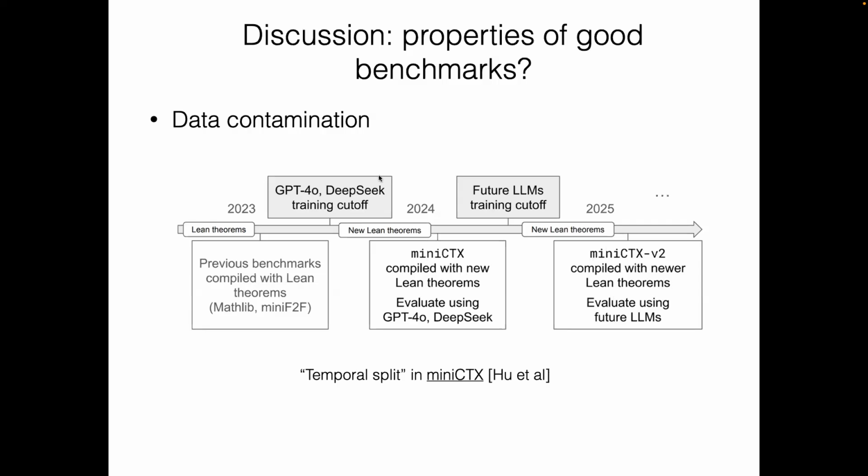One way to do this is, in some cases, you might be able to take data from after what's called the pre-training or training cutoff. You probably saw it in homework 2, we tried to do this.